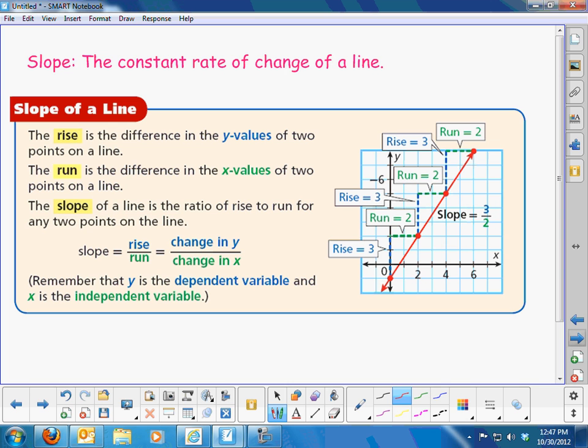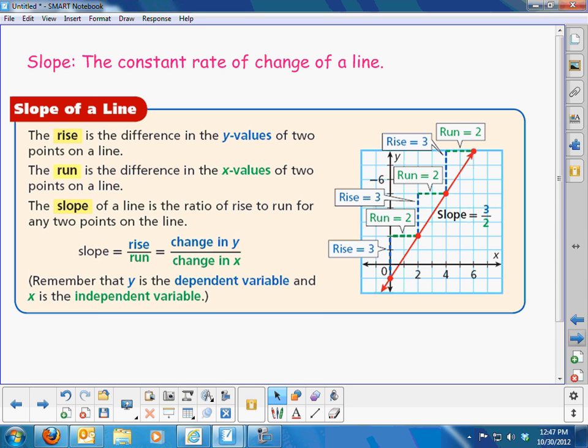Now it's really important that we write all of this down on this slide. The first thing is that we write down what rise means. Rise is like the change in the y direction. It's the difference between y values from any 2 points on a line. When we talk about rise, we are talking about a graph, not a table.